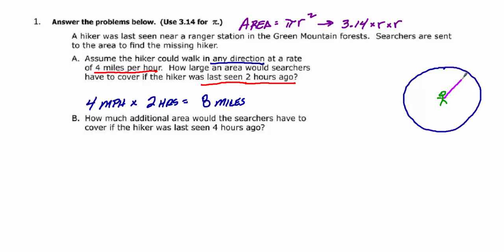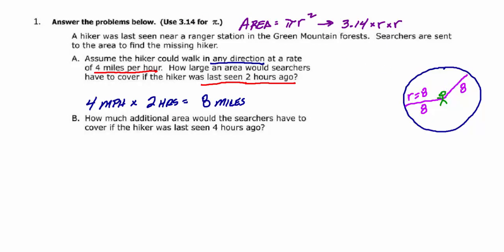He could have gone this way 8 miles. He could have gone this way 8 miles. Could have gone any direction. So that 8 miles is the radius. We know that the radius of this circle is 8 miles.